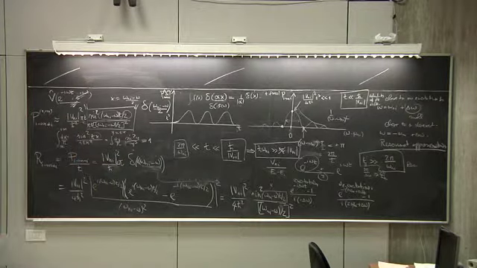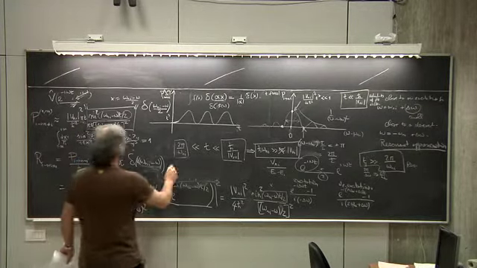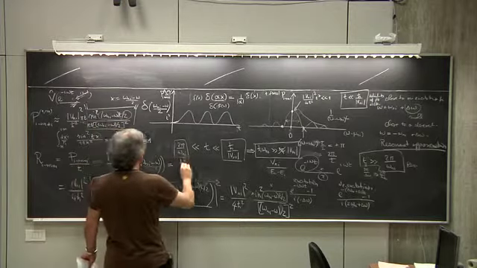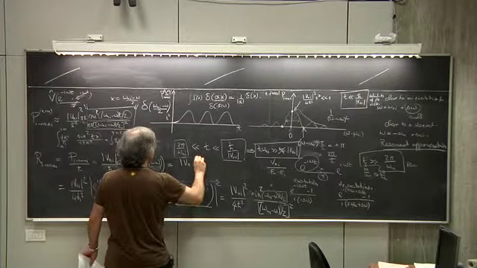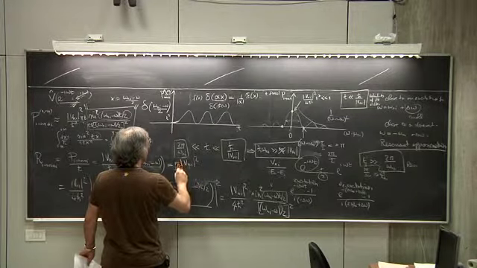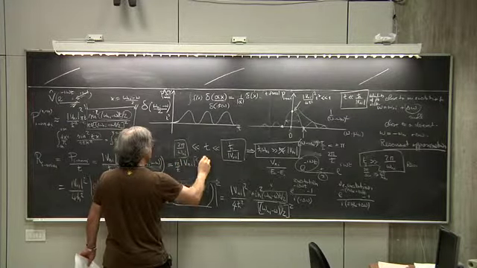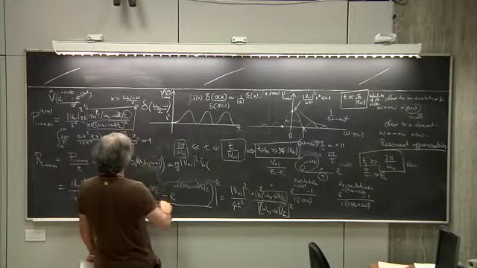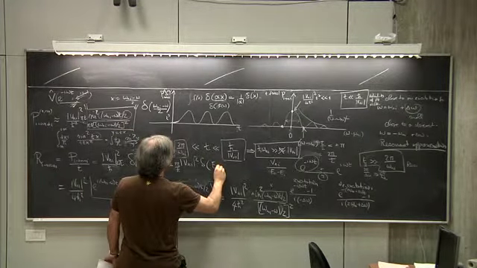okay? So the rate, let me write it finally, is just equal to the matrix element square times 2 pi divided by h bar times the delta function of what? Of the difference in energies.